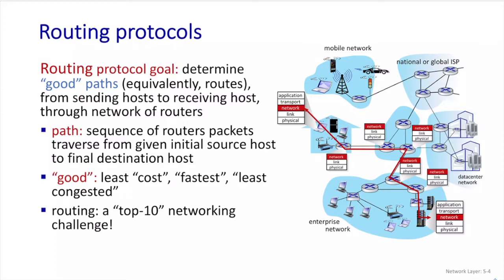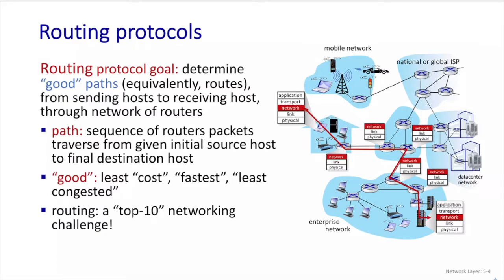To determine a good path, for example, cost. If it takes, for example, 1 cent to send the packet from one router to the other router, maybe another path costs that or more.